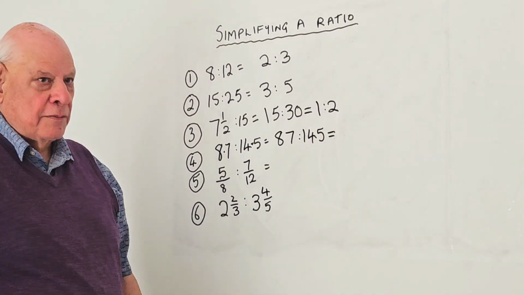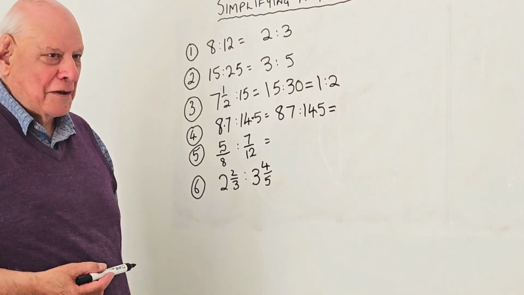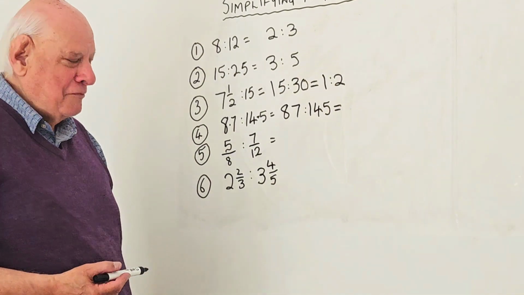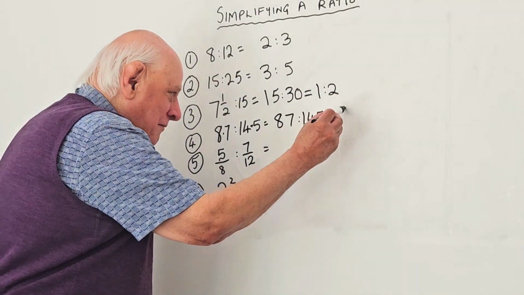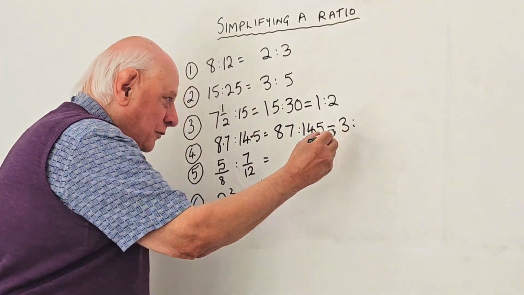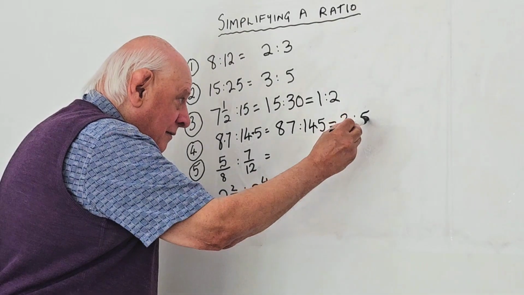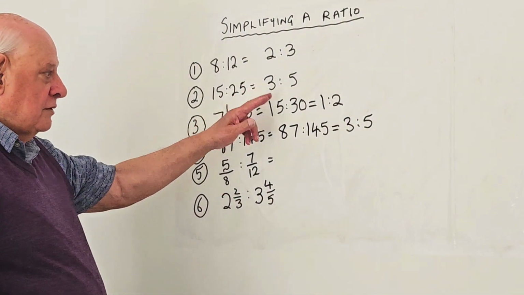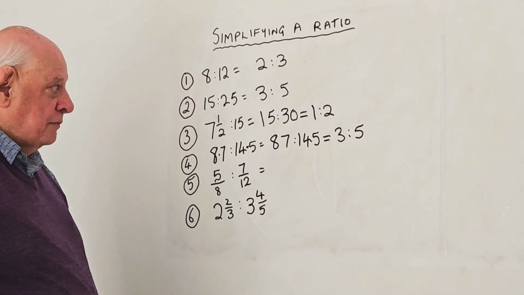Those good at mental arithmetic will be able to see that both of those numbers can be divided by 29. 87 divided by 29 is 3, and 145 divided by 29 is 5. So that ratio and that ratio are exactly the same. They both end up as 3 to 5.